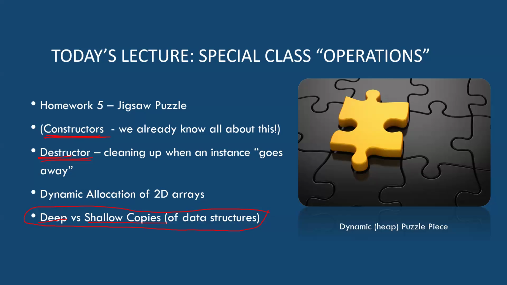If I want to make a copy of our try matrix that we created in lab 17, how am I going to go about doing that? That's not a trivial thing. We don't want to just copy the pointer, right? We want to make a duplicate of our triangular matrix. So that is the difference between a shallow and a deep copy, and we'll try to cover that if we have time, but that might end up being pushed out until Tuesday.